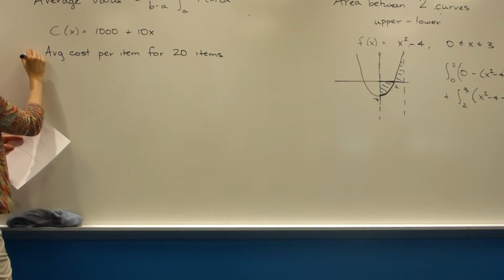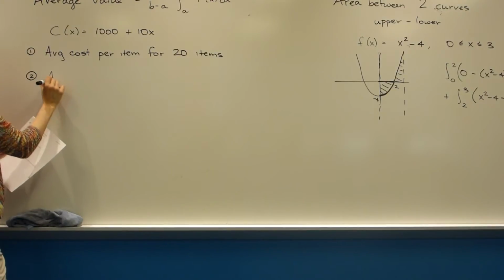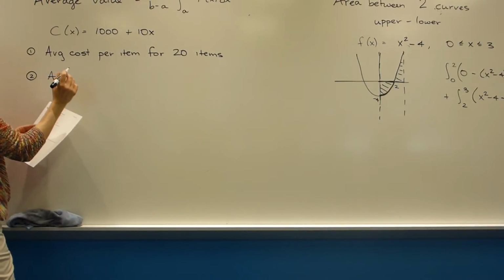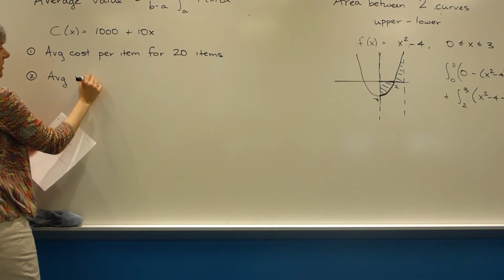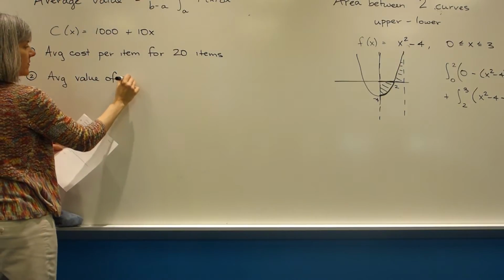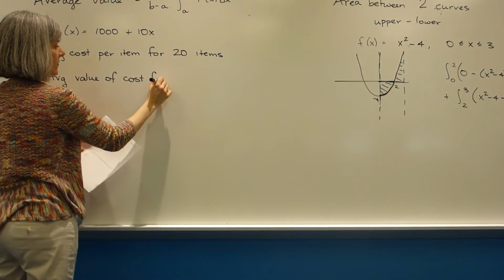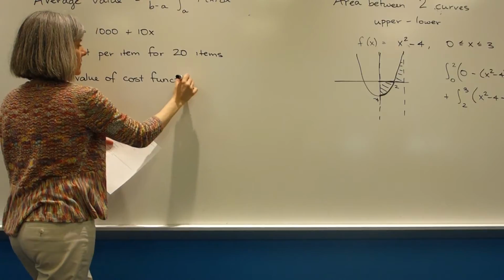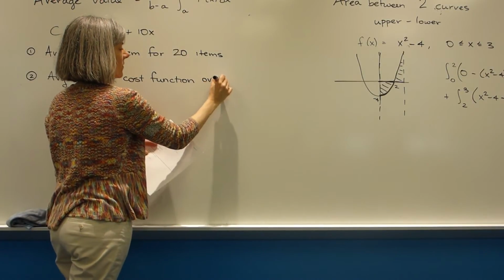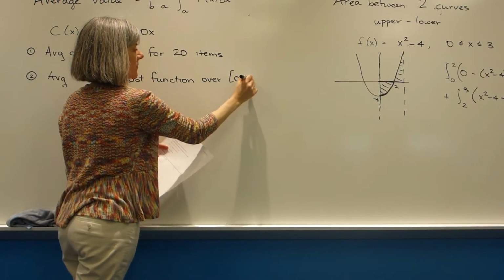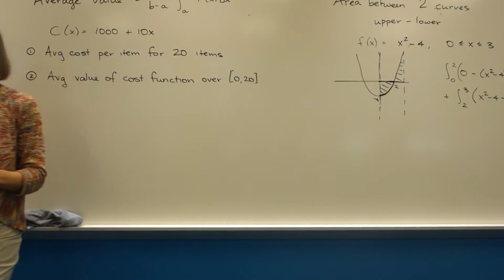That's one thing. And then the other one is the average value of the cost function over 0 to 20. These are very different.